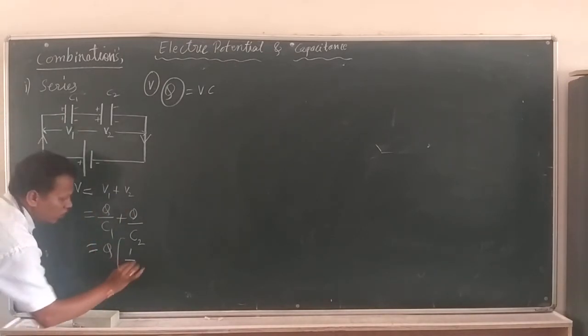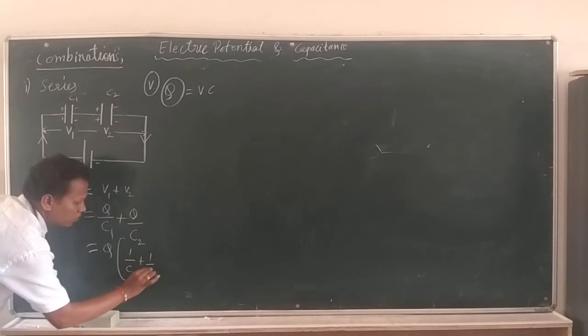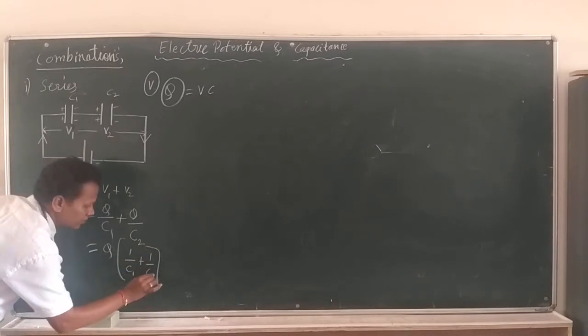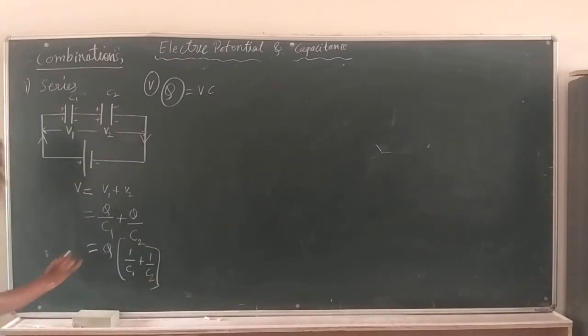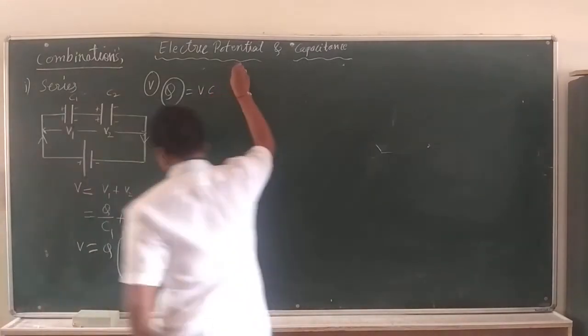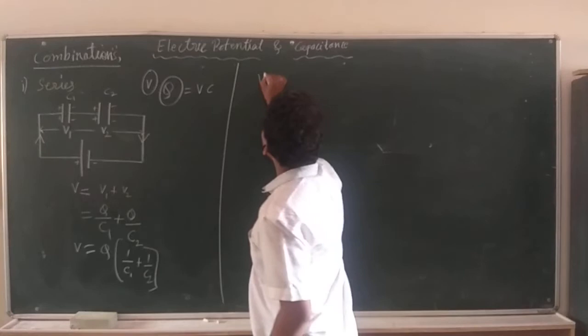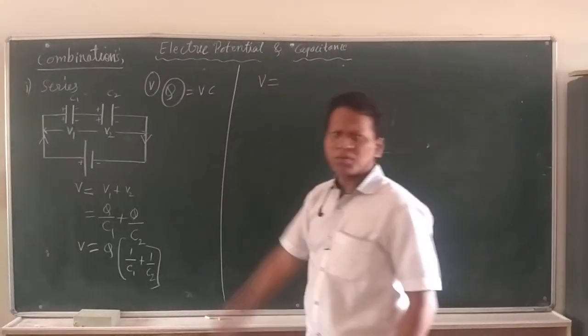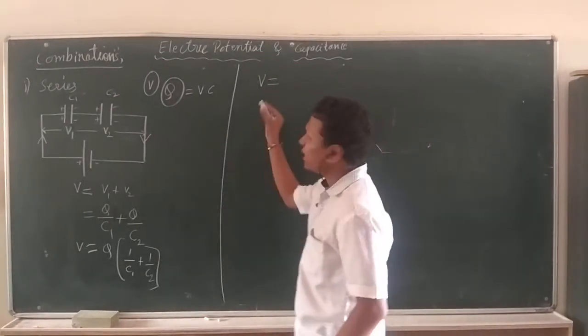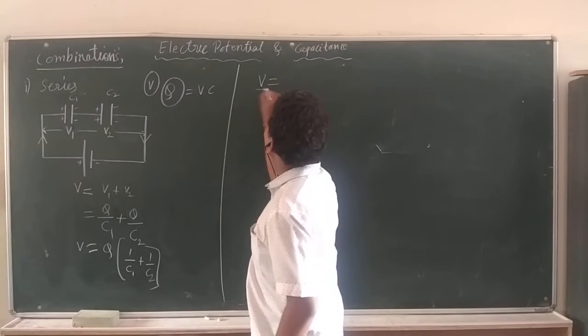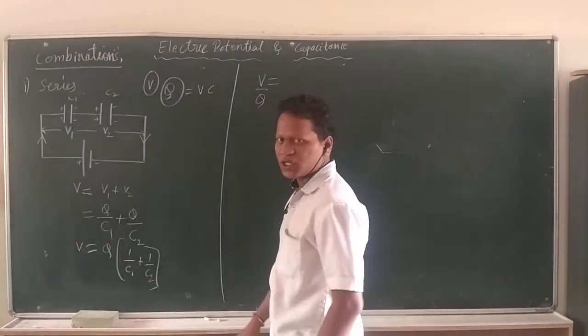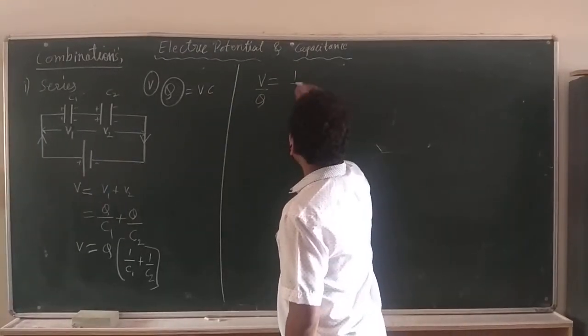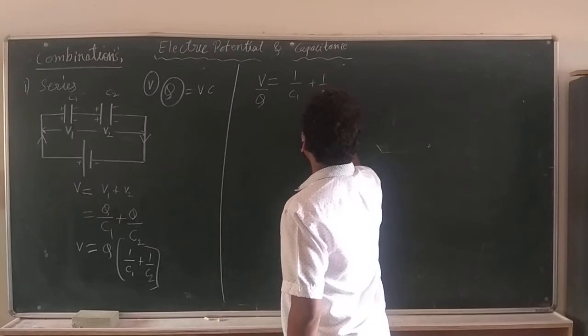What is left is 1 by C1 plus 1 by C2. So V is equal to Q into the bracket 1 by C1 plus 1 by C2. Now shift the charge Q to the left-hand side, and the thing left is 1 by C1 plus 1 by C2.